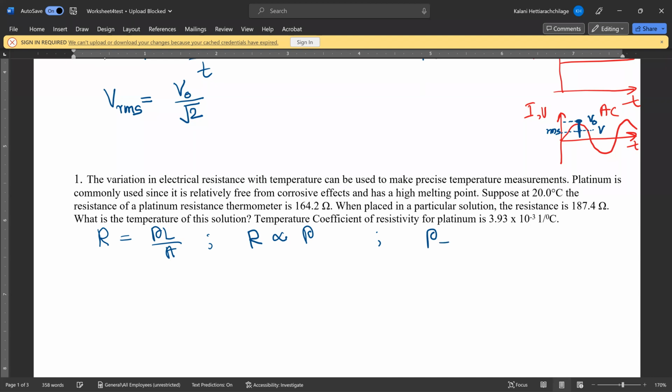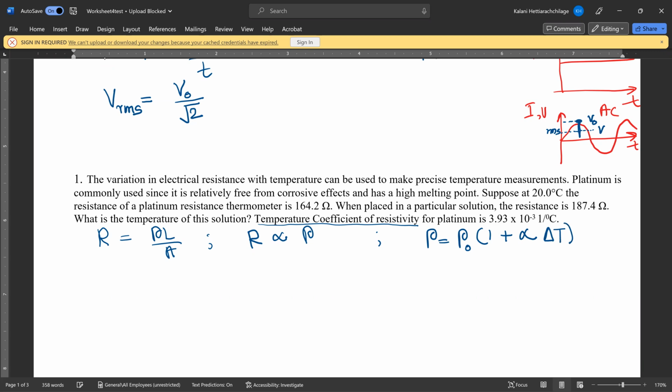So the formula that we have, the resistivity at any temperature that you're going to find, is equal to the initial resistivity times 1 plus alpha, where alpha, you see that it's given for platinum here, is the temperature coefficient of resistivity, and then we have the temperature change, right?